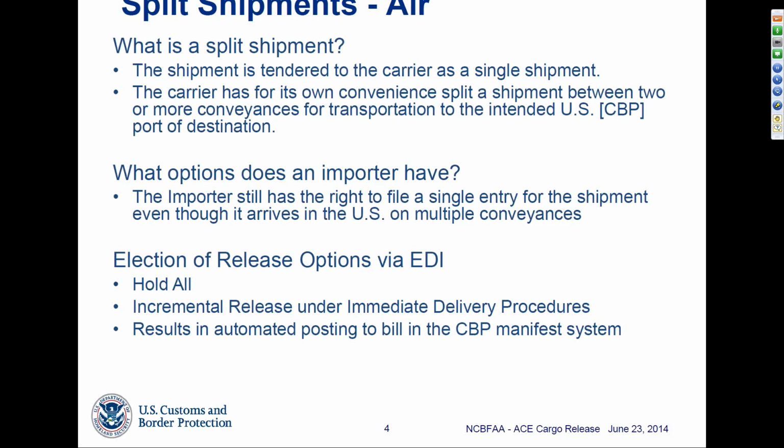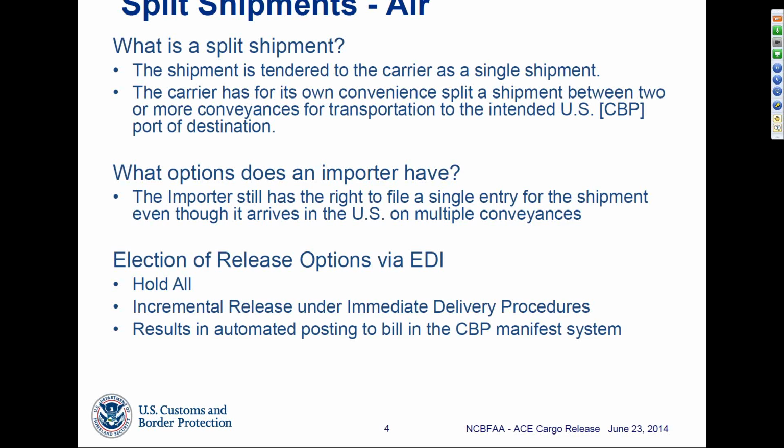So if you elect this, CBP may release the first 20 boxes for Part A of the shipment. Part B comes in, you get 10 more boxes. Part C comes in, you get 20 more boxes. And if Part D is wheels up and ready for release before the 10th day, before the 11th day, then you will get release. This sounds wonderful, and it gets better.